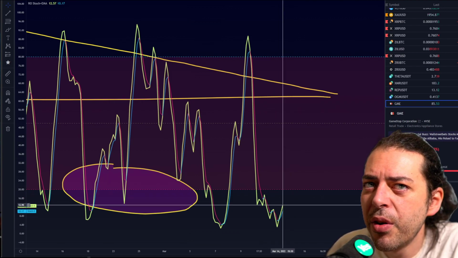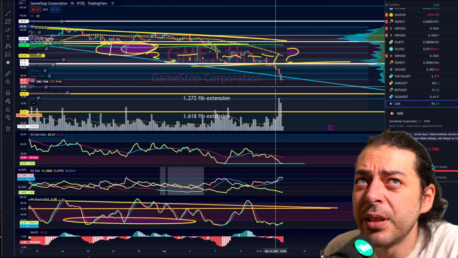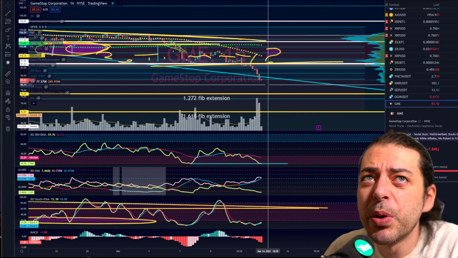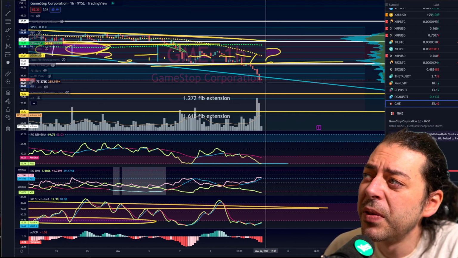We've had a turnaround here on the stochastics, but it's obviously in the face of red candles, right? The reason for this is because we're above the wicks of the previous hour.